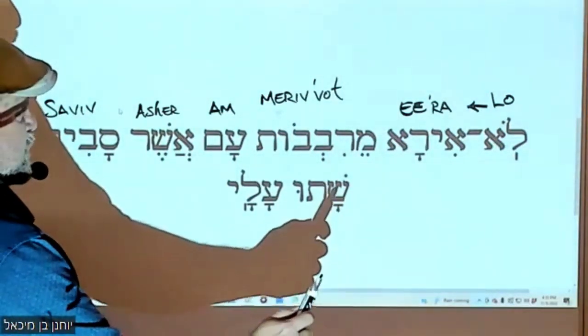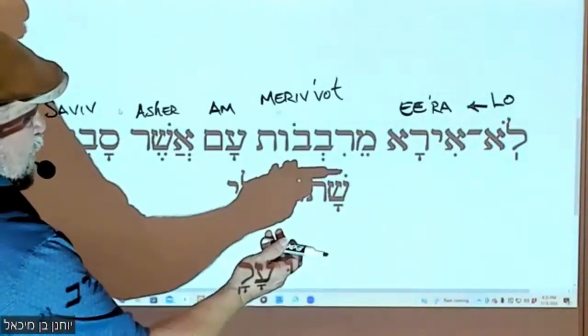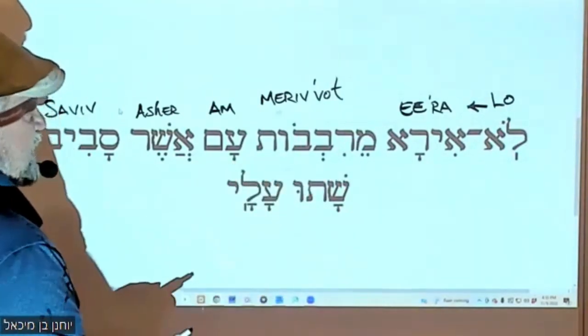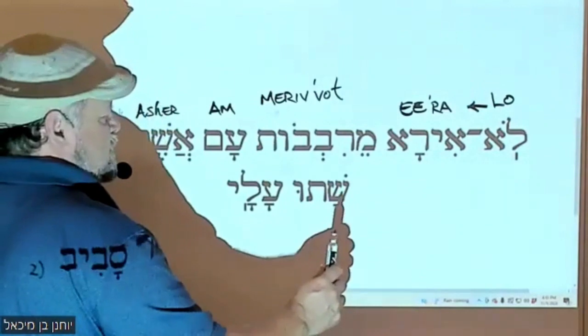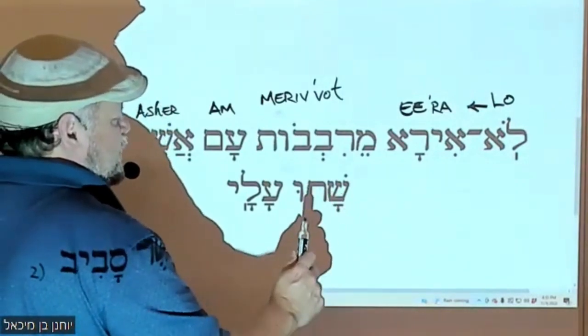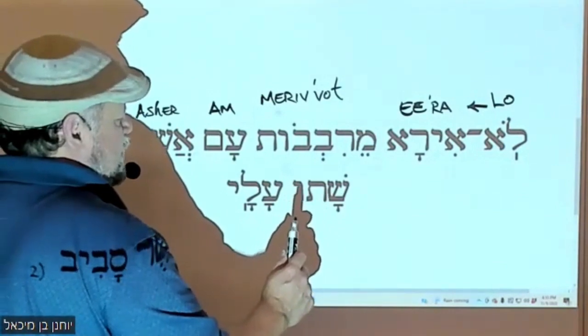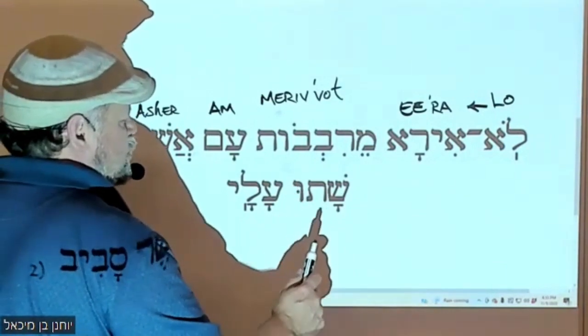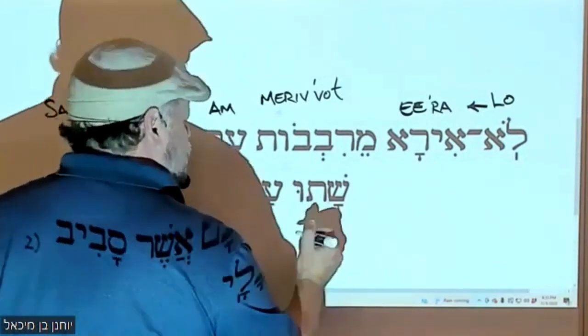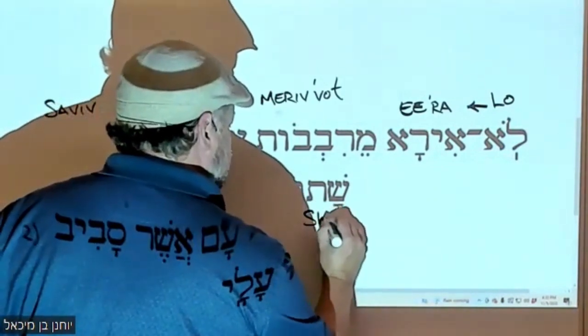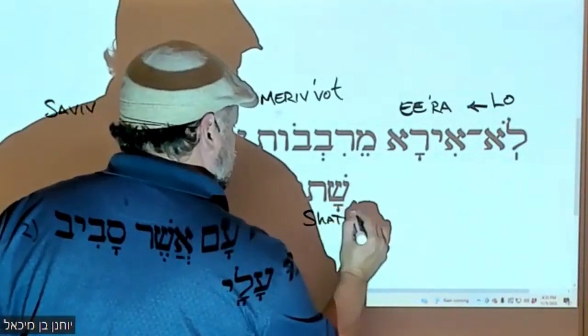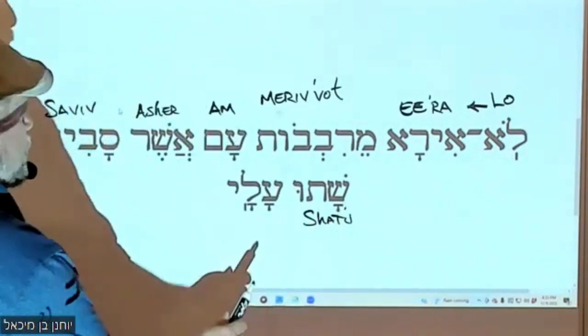All right, so we have a shin. Again, the mark is on the right-hand side, so we know we pronounce it SH. With the kamatz, sha. Then we have the letter tav, pointed with a shuruk, tu. So shatu. Shatu. All right, what about this last one here?